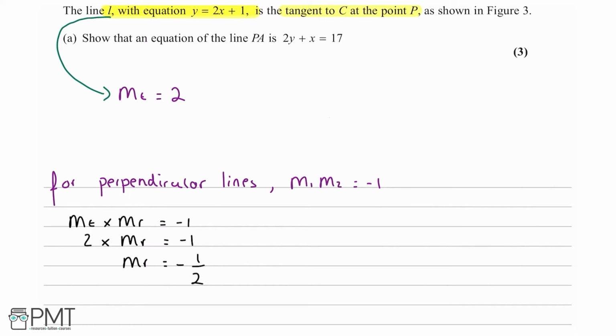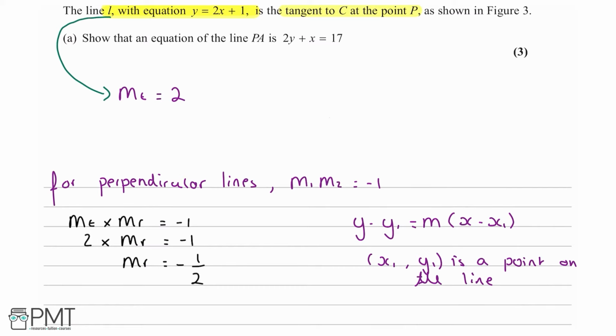So there are a few ways you can use to find the equation, but the one I'm going to use is the following formula, which says that y minus y1 equals the gradient times x minus x1, where x1, y1 is a point on the line.